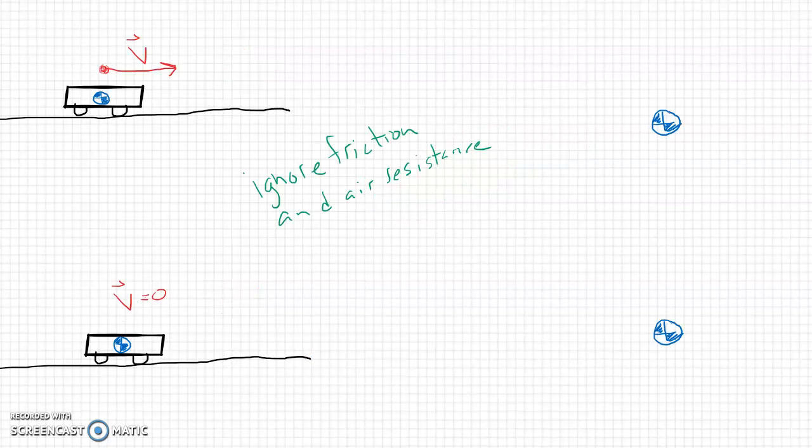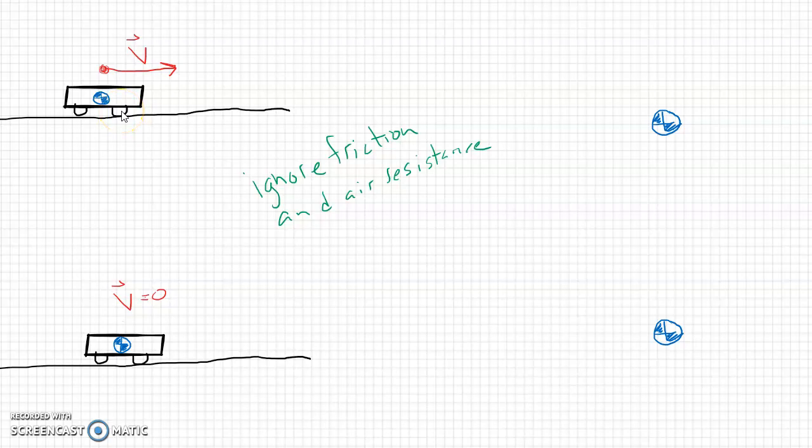Okay, so to start this out, the first thing to note is that because we're treating our object as a point mass, when I draw my free body diagram over here, I'm also going to consider all the forces to be acting at the same point. Now, certainly if we wanted to get really picky, we could understand that this probably has 4 wheels on it, and each wheel is going to experience a force.